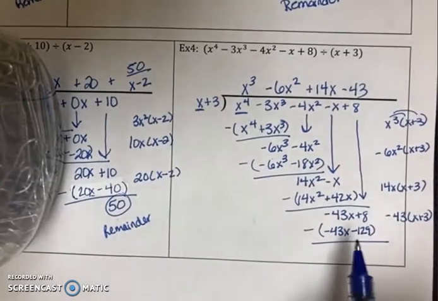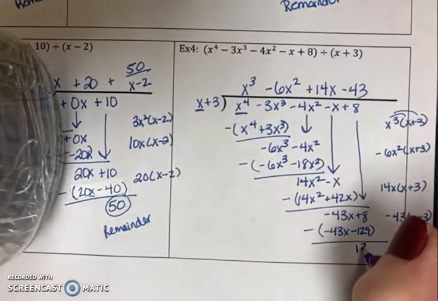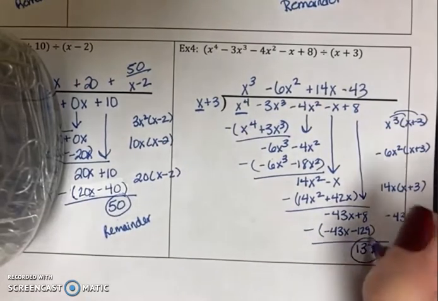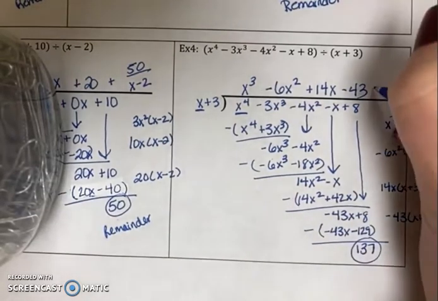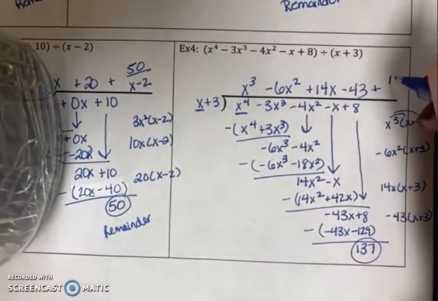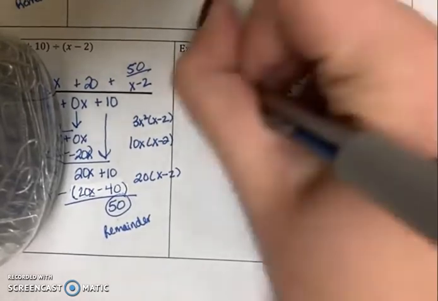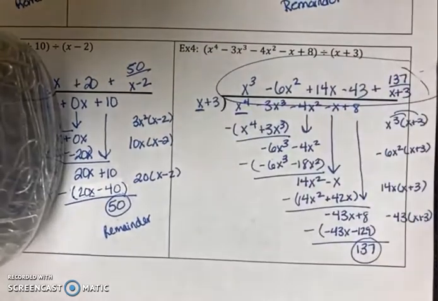Okay, I'm subtracting this, so this cancels out, and then I end up with 8 minus a negative 129, which becomes 8 plus 129, giving me 137. So this would be my remainder. Remember, remainders should be written in the numerator of a fraction, and then the divisor would be in the denominator. So that's my final answer.